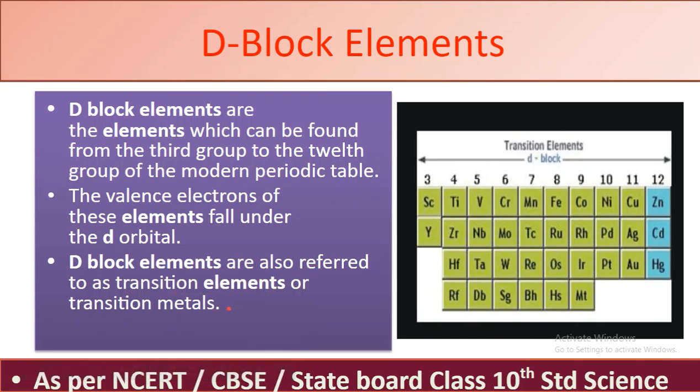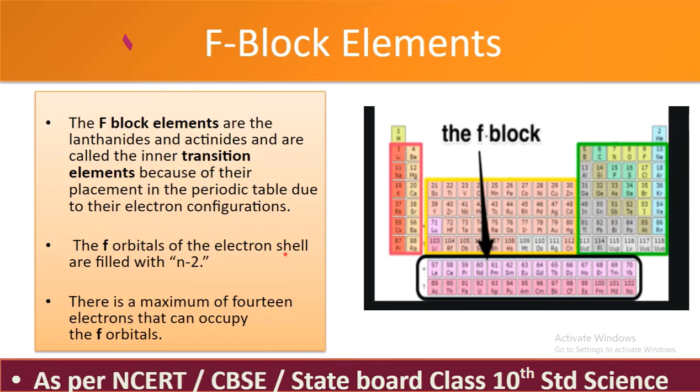The next and last block is the f block elements, which is found at the bottom, or the base, of all these elements. The f block elements are the lanthanide and actinide series. These are the two series we can find here, one called the lanthanide and another called the actinide series.